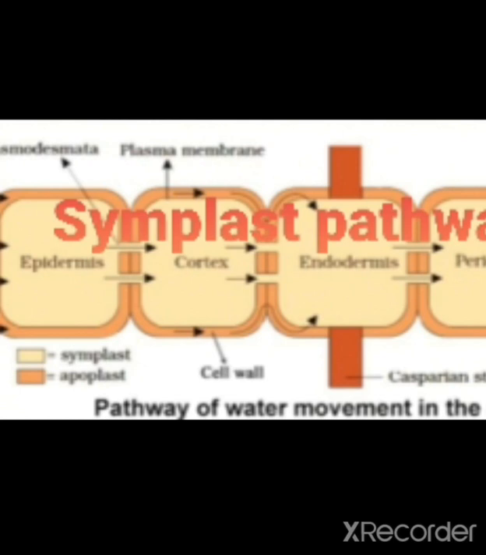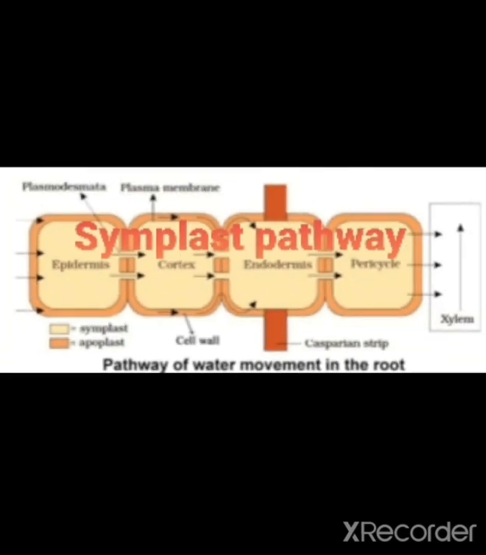In the symplast pathway, water travels through the cytoplasm, and intercellular movement is through the plasmodesmata. Water has to enter the cells through the cell membrane. Hence the movement is slower.